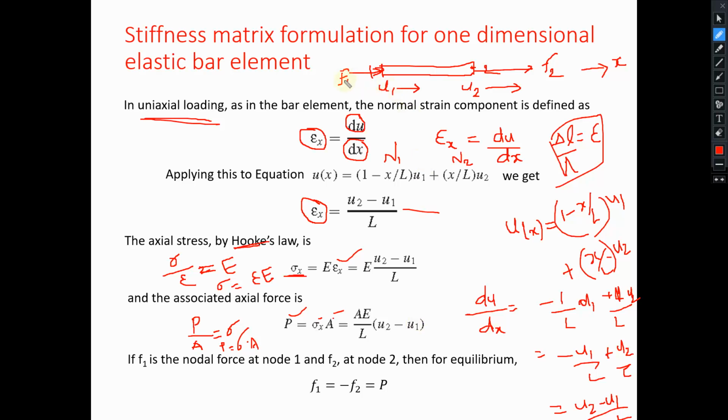Now if F1 is the force at node 1, F2 is the force at node 2. അപ്പോൾ equilibrium condition satisfy ചെയ്യണമെന്നുണ്ടെങ്കിൽ these two forces should be in equilibrium, F1 F2. So equilibrium condition നമുക്കറിയാം sigma F is equal to 0 ആയിരിക്കണം. So that means F1 and F2 should be equal and opposite.